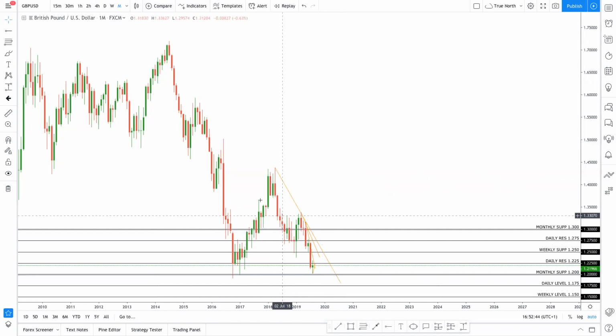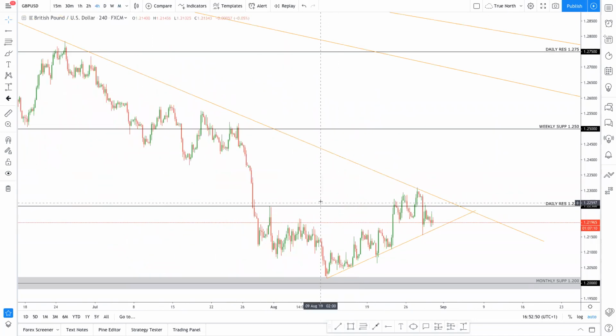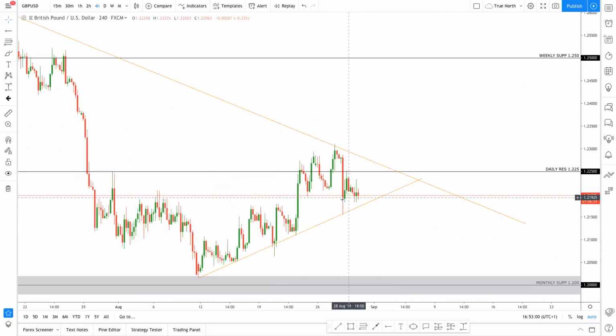And it's not just technical reasons that I think this is going to happen. It's also fundamental reasons. For those of you that aren't in tune with the UK Parliament and the UK economy at the minute, Brexit is looming, and on the 28th the Queen of England basically agreed to suspend Parliament from early September up until just a few days before the Brexit deadline.